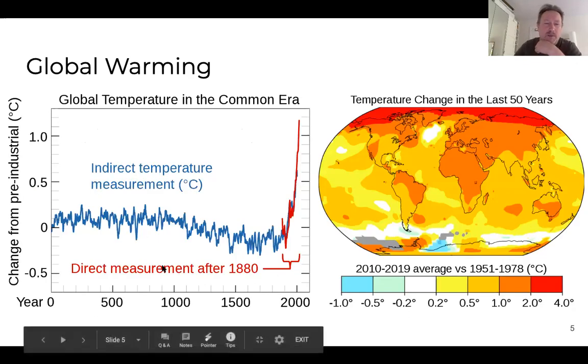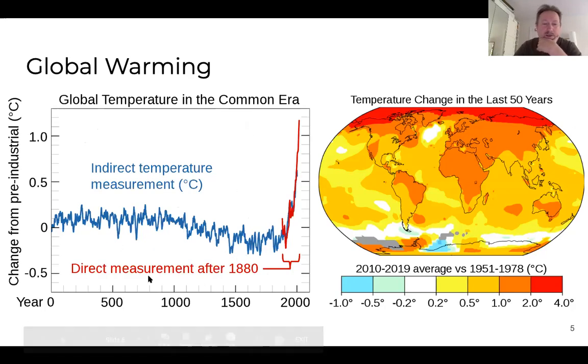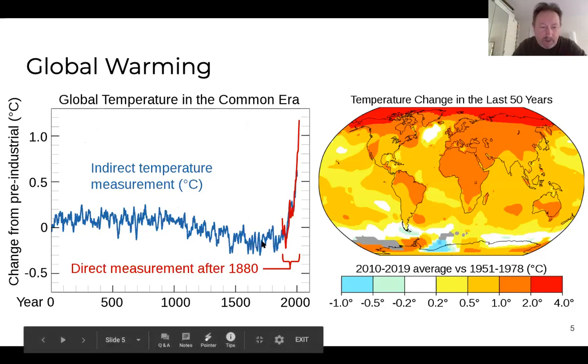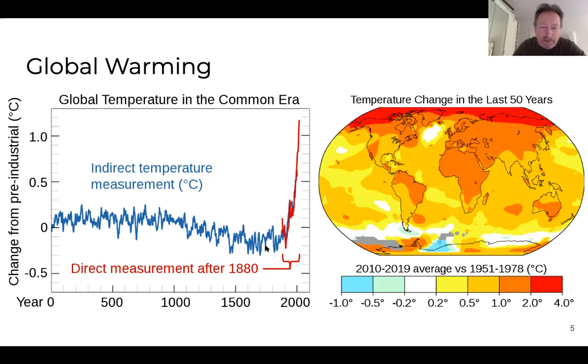This is global warming, and this is global temperature in the common era. There are two important things here. This blue part of this graph is indirect temperature measurement.